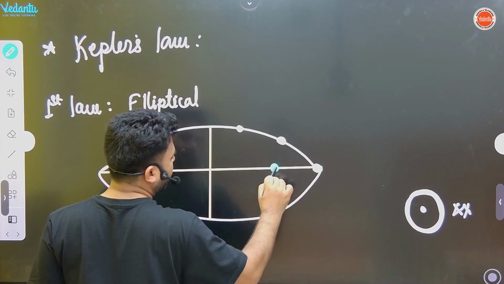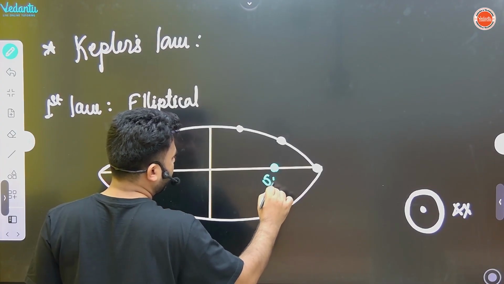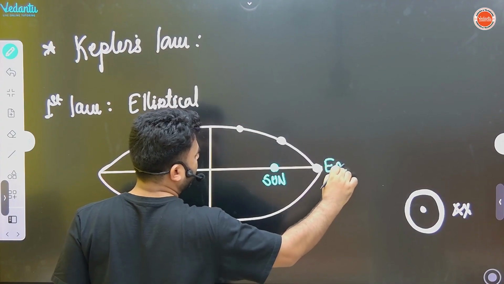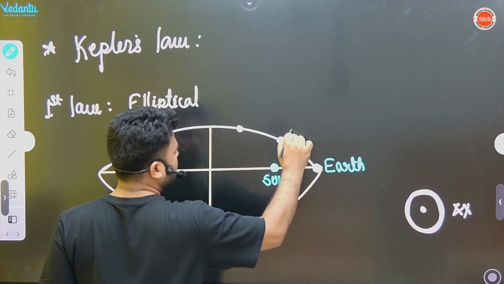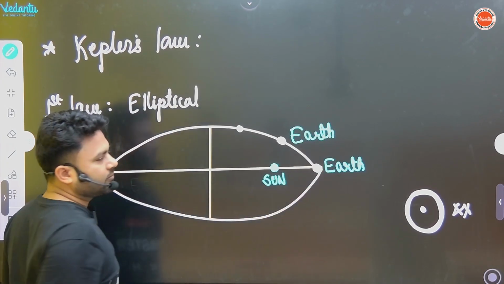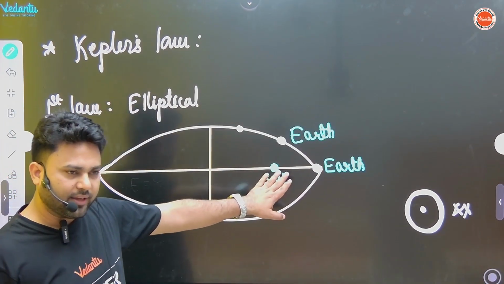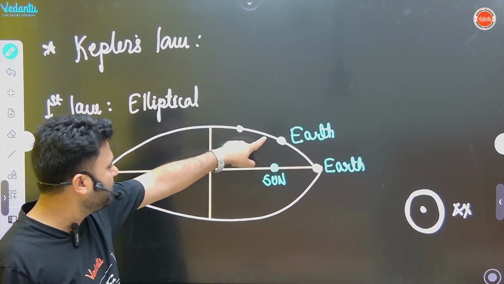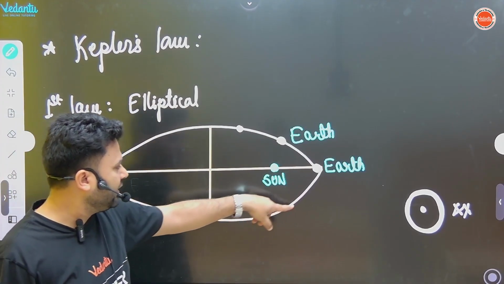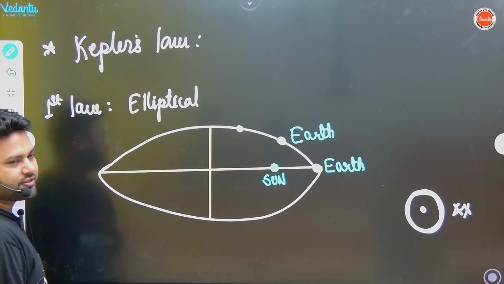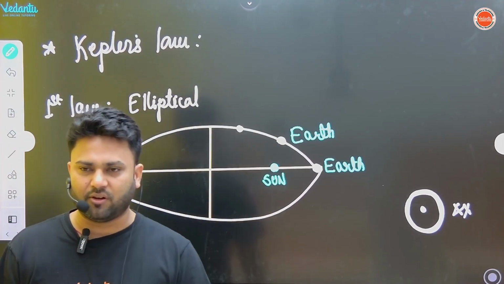Suppose this is the sun, and this is earth. So the sun is fixed here, and the earth or any planet revolves like this in an elliptical path. So this is Kepler's first law.